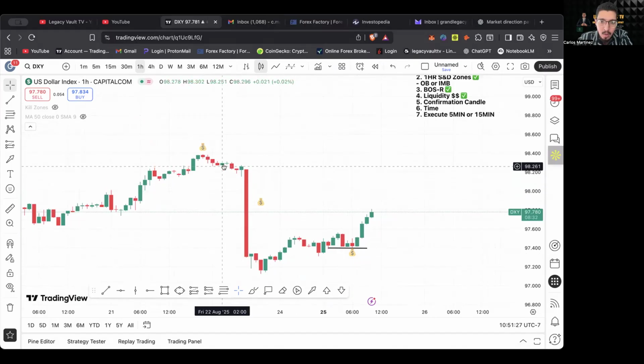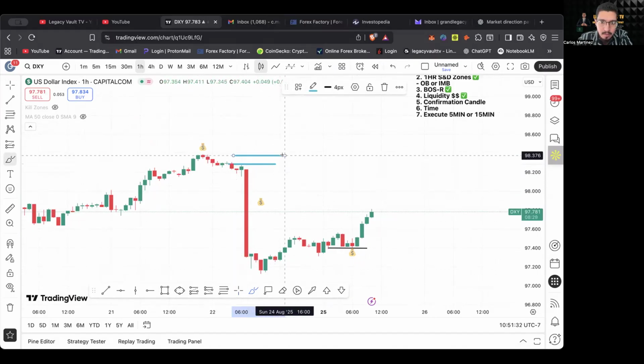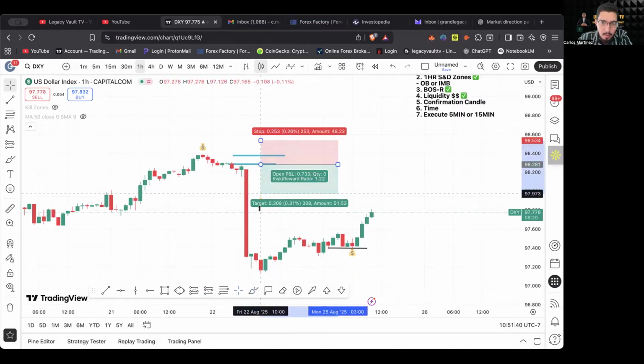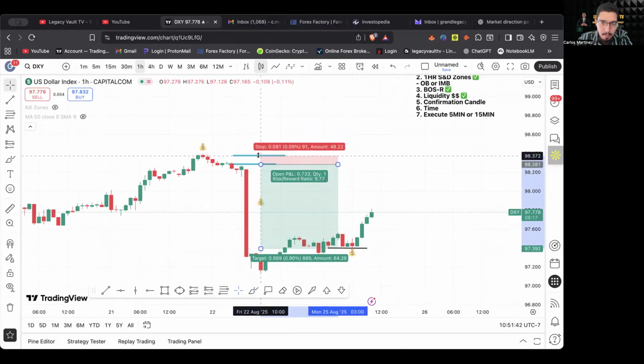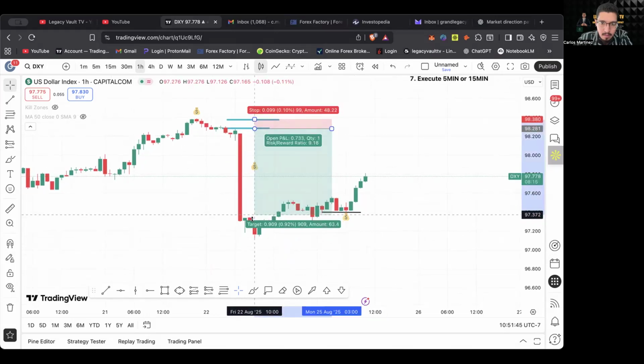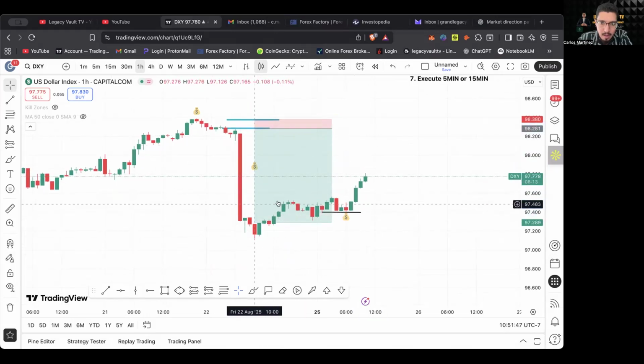People were placing sell orders up here at this price level, setting up the stop losses, pushing price down, and now buyers are taking over and filling up this gap.